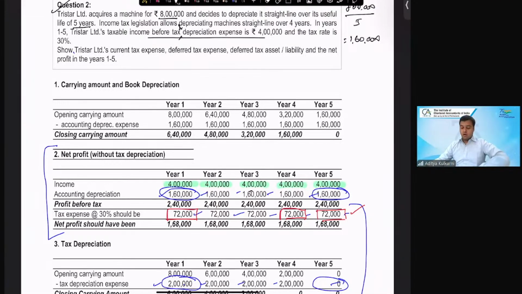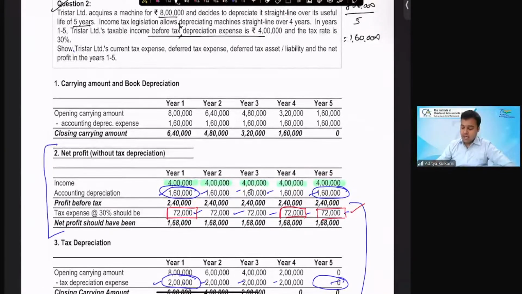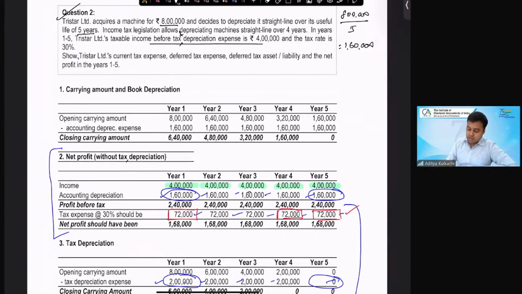Yes, sir. Okay, so now your net profit without tax and without depreciation is income of 4 lakhs per year, they have given that.